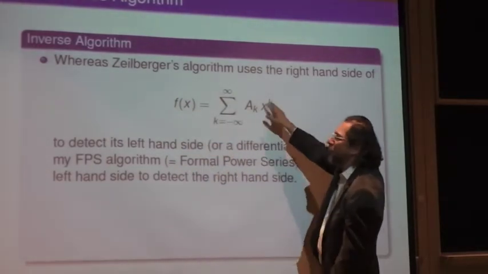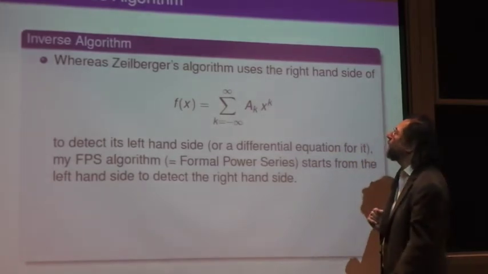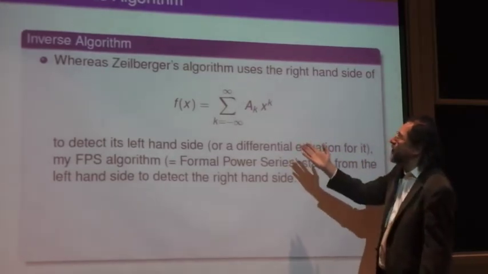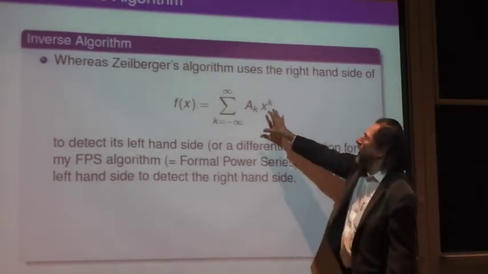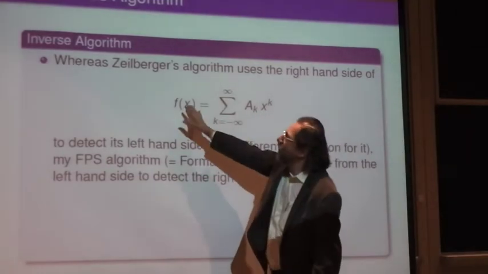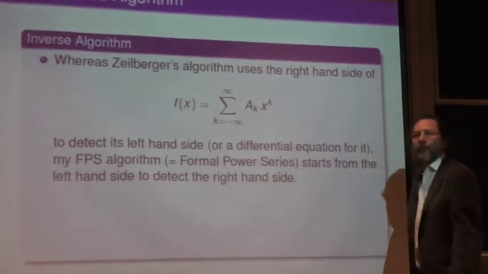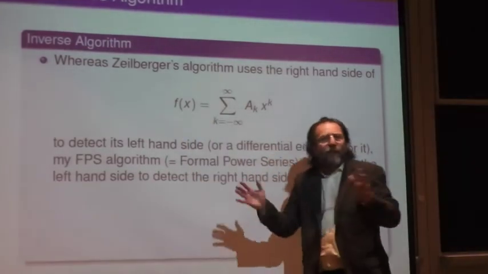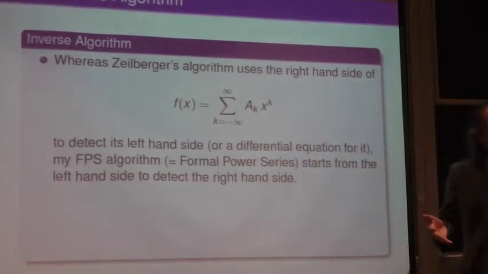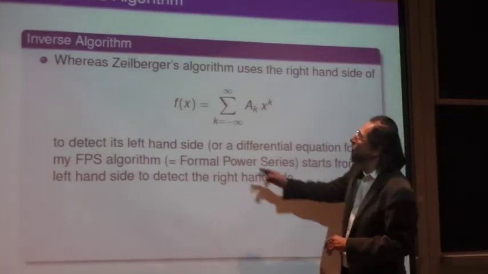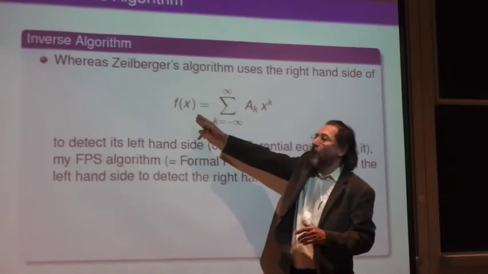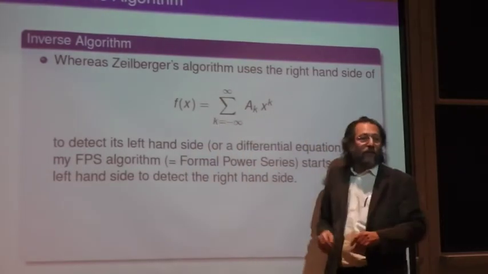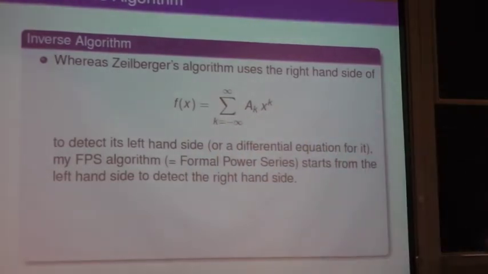Assuming you do differential equations for such sums, Zeilberger's approach gives some results for the left. I do the opposite thing. I start here and assume this f is a function, an analytic function or something, some function term given. And what we would like to find is this on the right-hand side: a formula for the a_k.